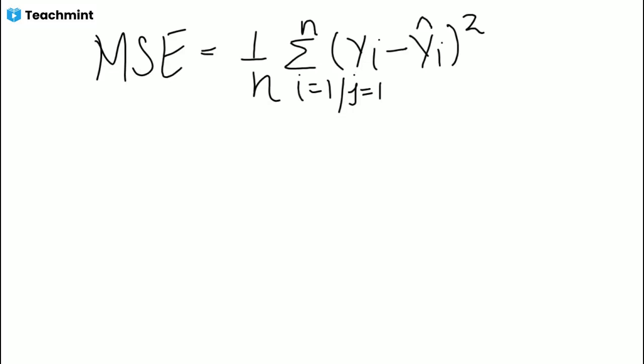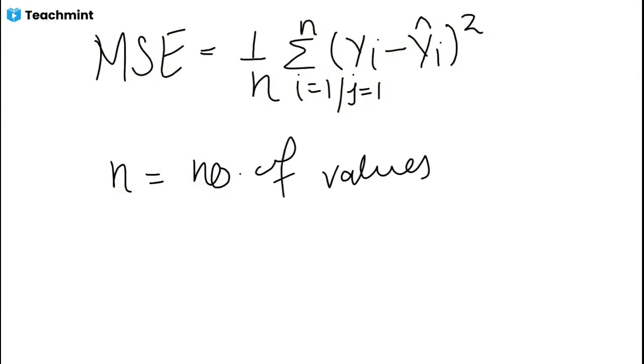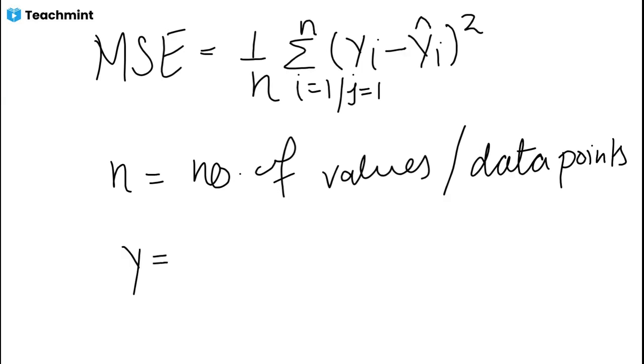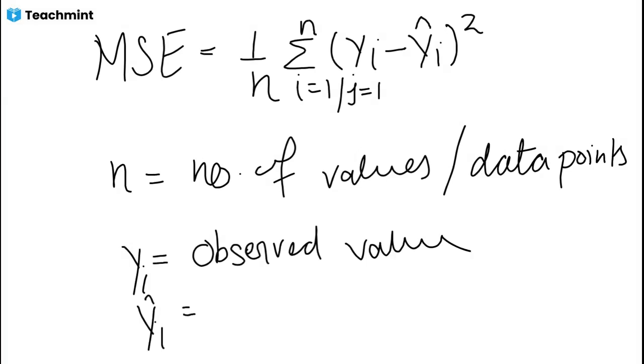What does it mean? n is the number of values or data points, yi is the observed value, and yi cap is the predicted value, because sometimes they can give you in this form.